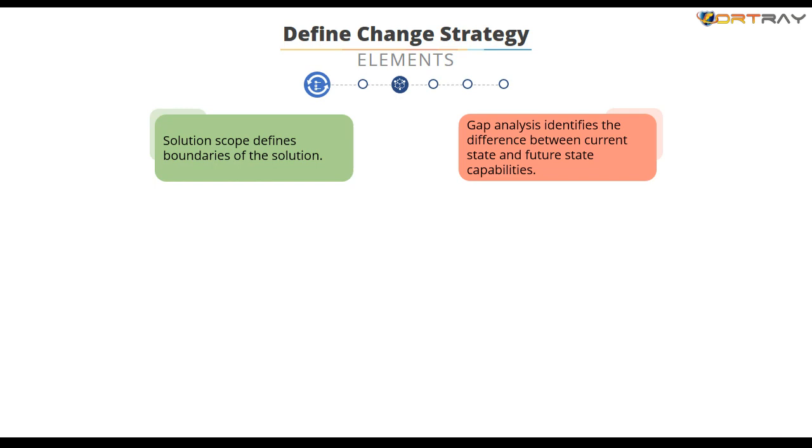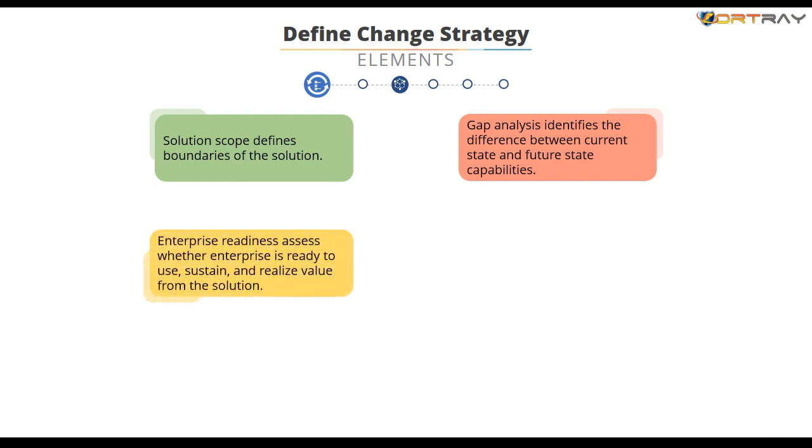The business analyst may analyze processes, functions, line of business, organizational structure, staff competencies, knowledge and skills, facilities, application systems, technology infrastructure, etc., while performing gap analysis. The Enterprise Readiness Assessment considers whether the enterprise is ready to use, sustain, and realize value from the solution. The business analyst may factor in cultural and operational readiness in making the change.